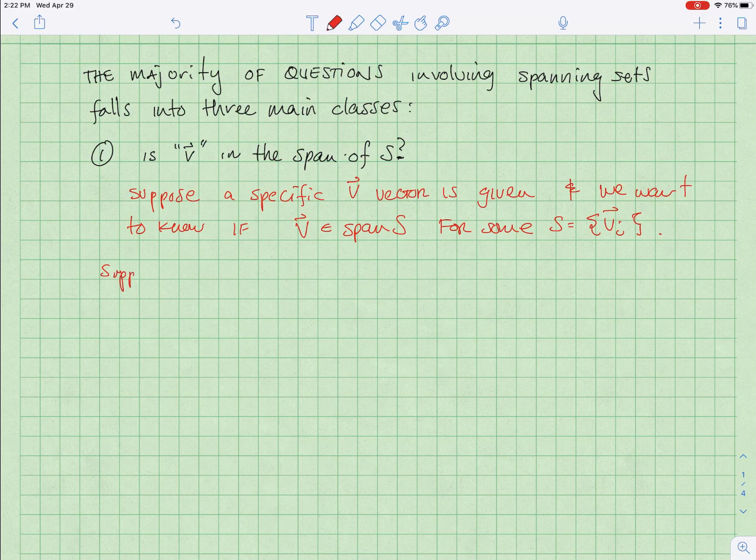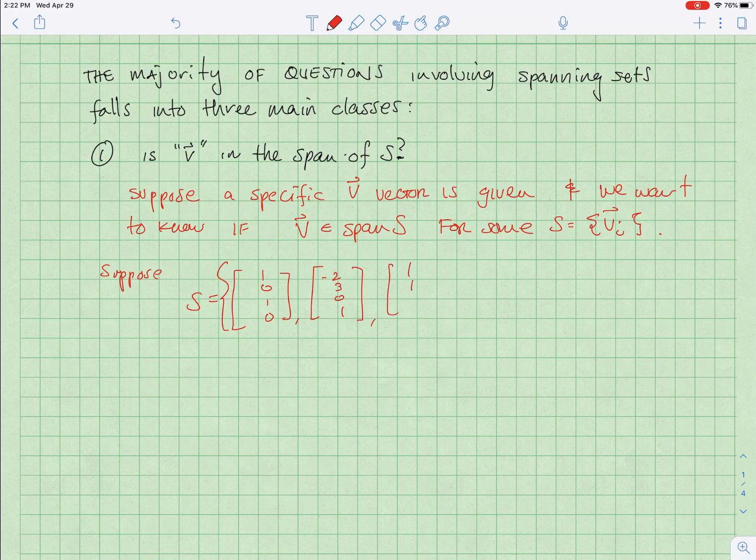Suppose S, the collection of vectors, is something like (1, 0, 1, 0), (-2, 3, 0, 1), and (1, 1, 1, 0). It doesn't really matter what these are right now.